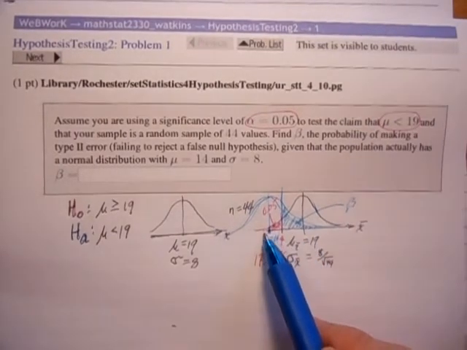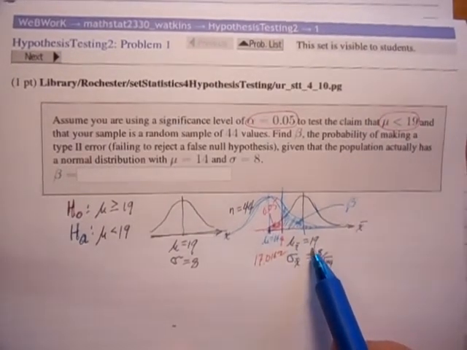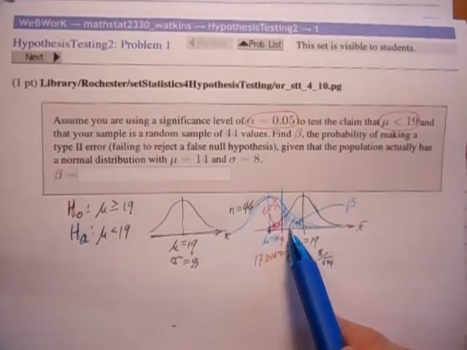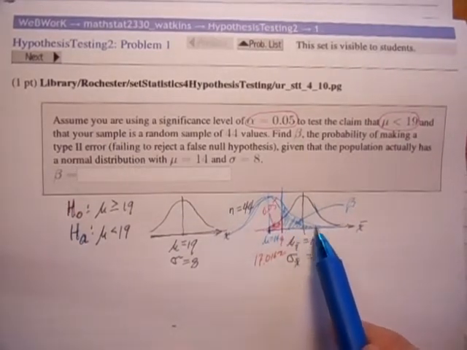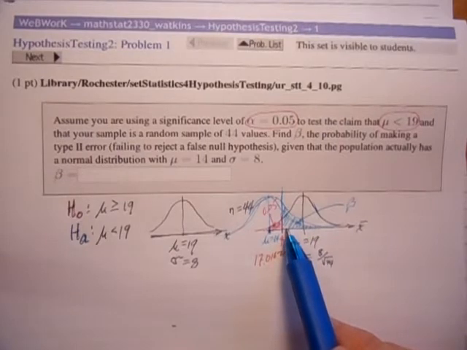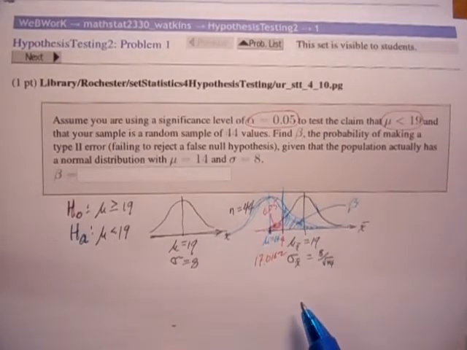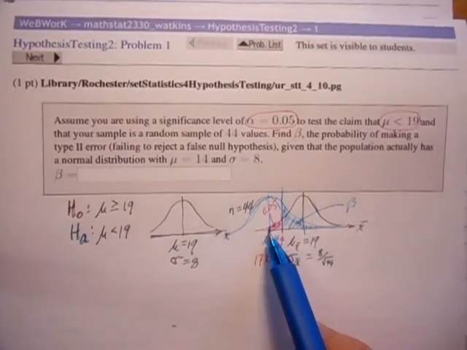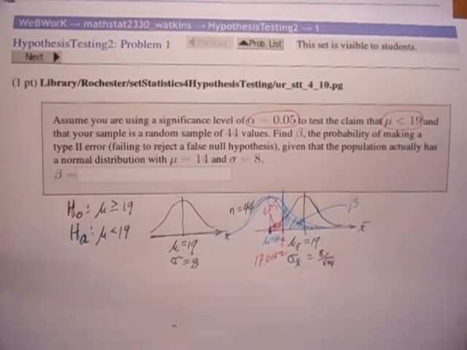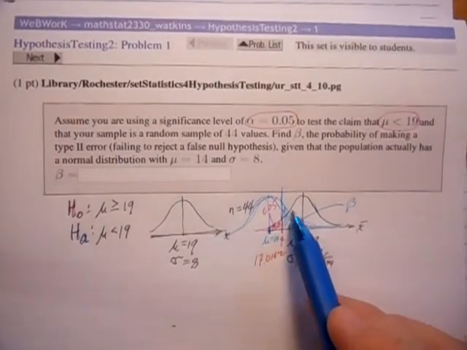And so it's really less than the 19, but there's this probability that our x bar could end up in here, and that would mean that we would fail to reject the null hypothesis even though the real mean was less than that.